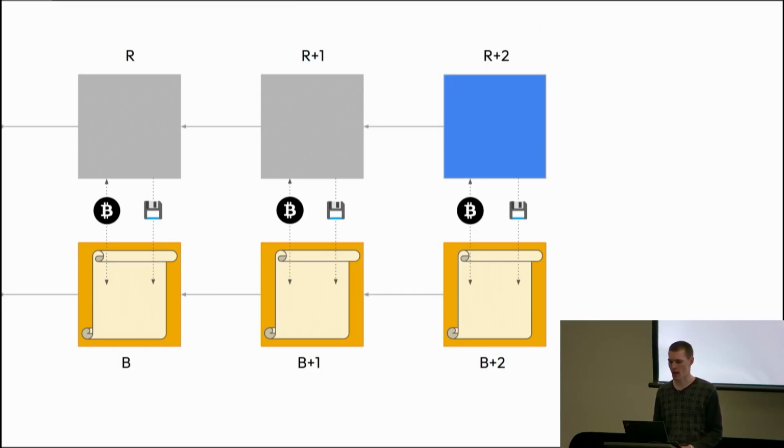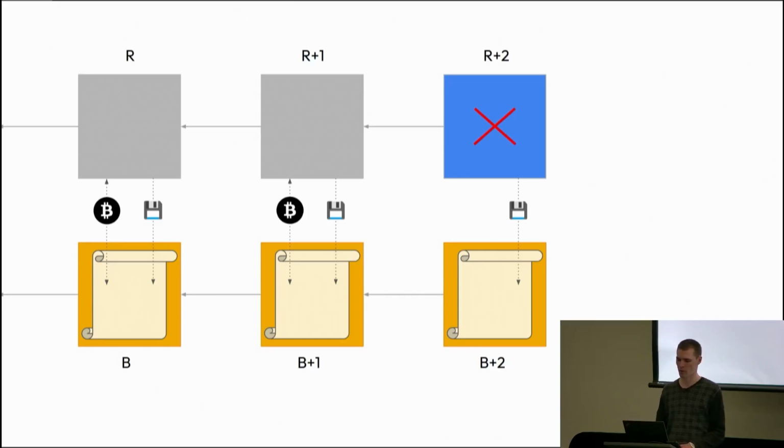And if at R2, the rollup full nodes change their consensus rules in a way that is backwards incompatible, so a hard fork, then the contract will actually just reject this state transition because it doesn't conform to the rules that were encoded in the contract, and any attempts to take Bitcoin out of the smart contract according to those new rules are going to fail.